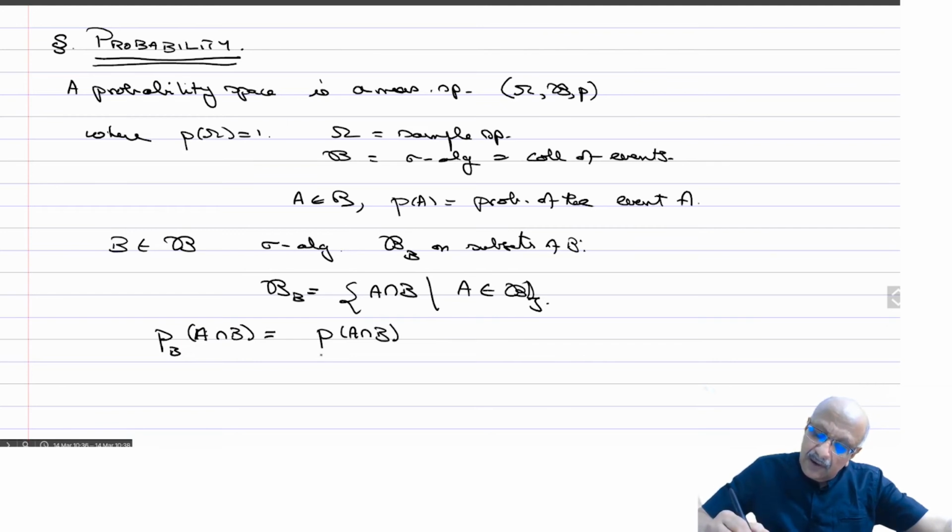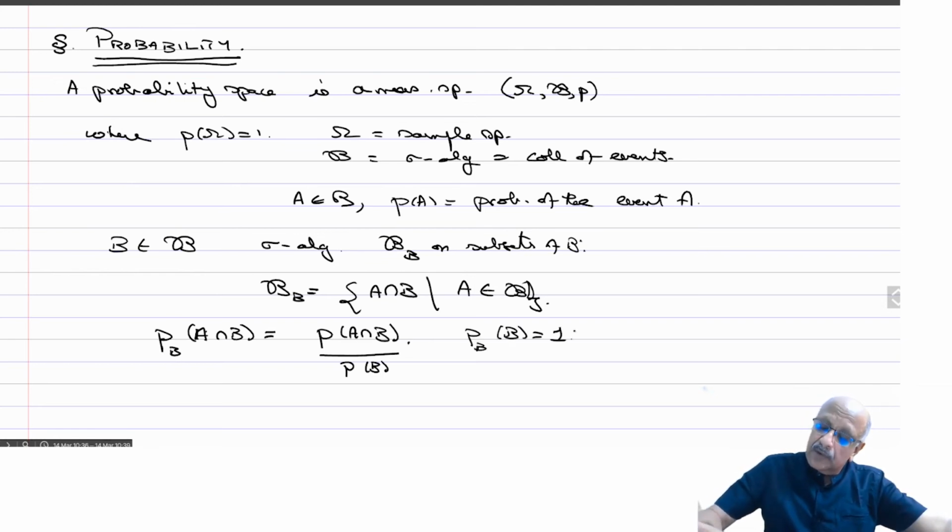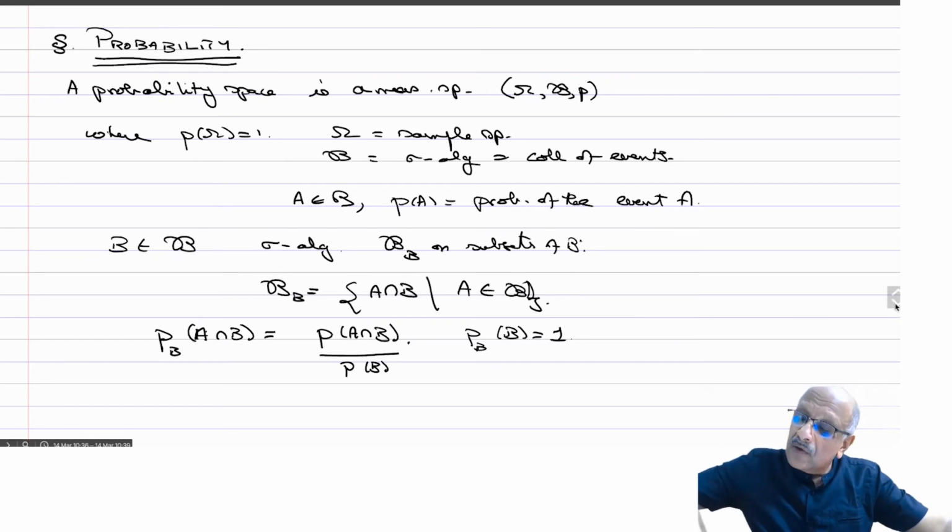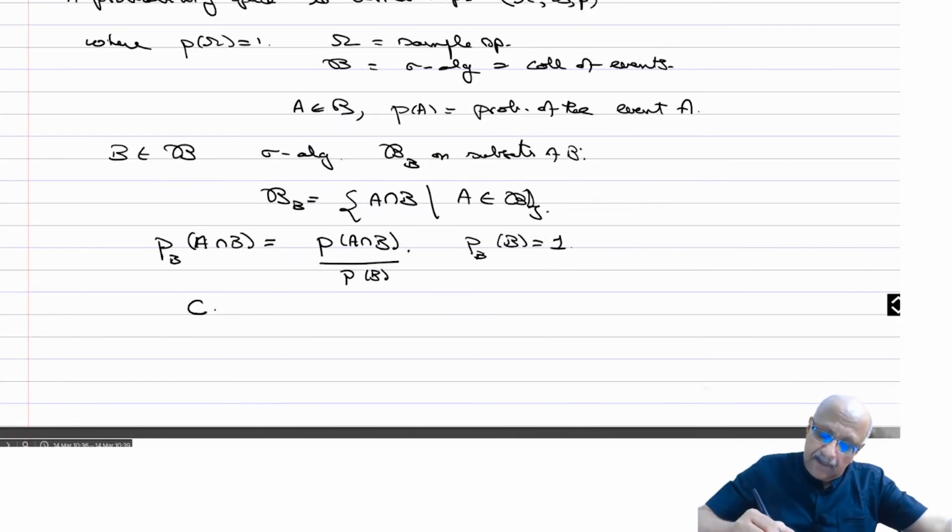But we want this to be a probability measure, so we divide it by P of B, so that P_B of B itself will be 1. This is called the conditional probability.